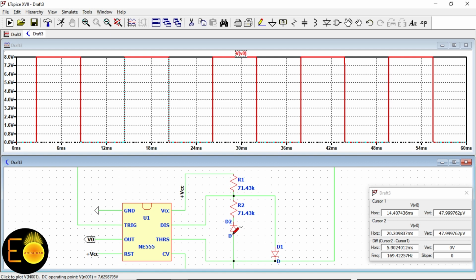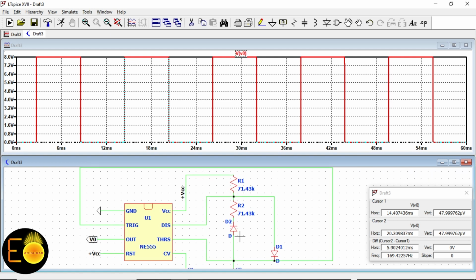So there exist two forward bias resistances, and that has a little contribution. That's why we are getting a little more than what we have designed for. And if you want to design for 5 millisecond precisely, then you need to reduce this value of 71.4 K, go for the trial and error method, and you will get your value.